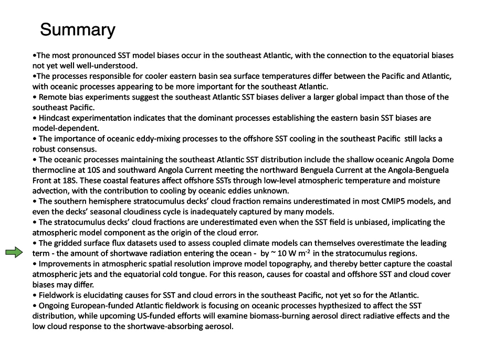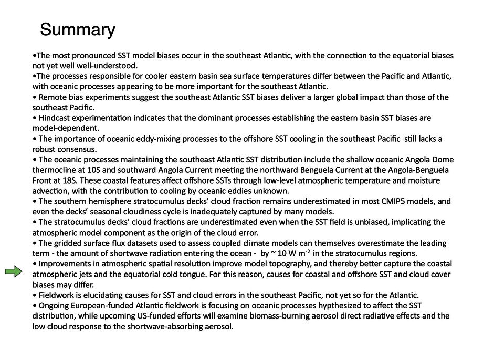The gridded surface flux data sets that are used to assess coupled climate models also overestimate the amount of shortwave radiation that's entering the ocean. It's not by much, 10 watts per square meter, but that means that the biases are actually slightly worse than would be suggested by the surface flux products.